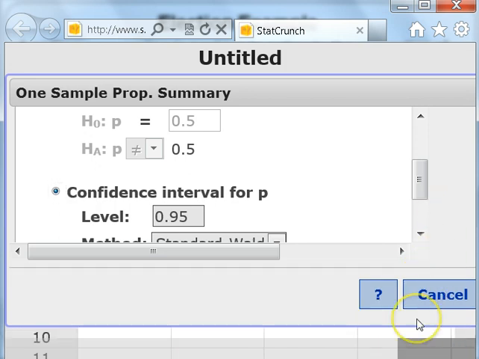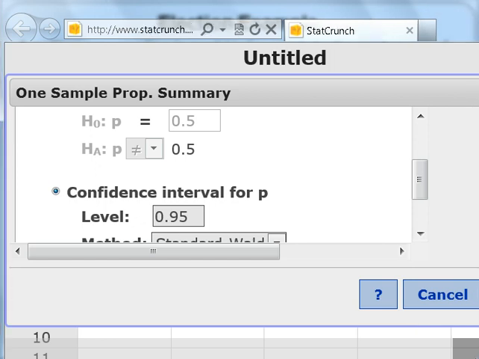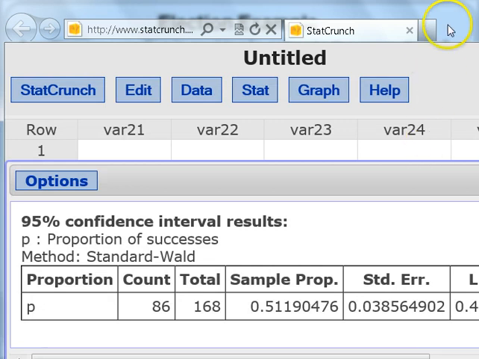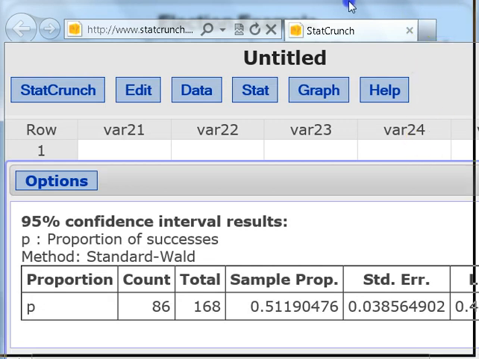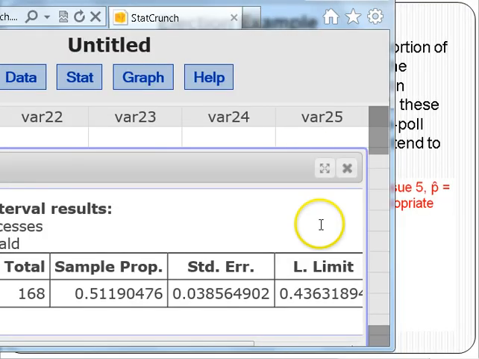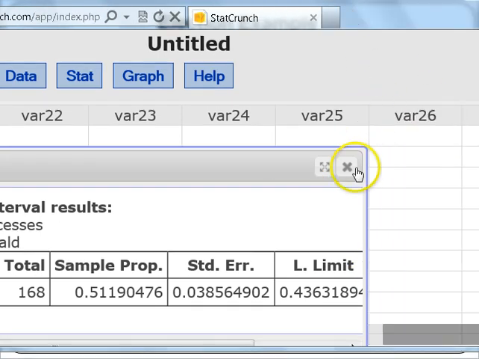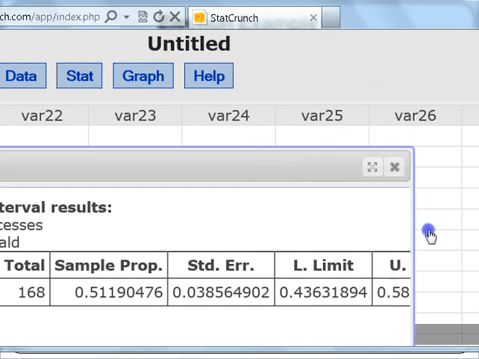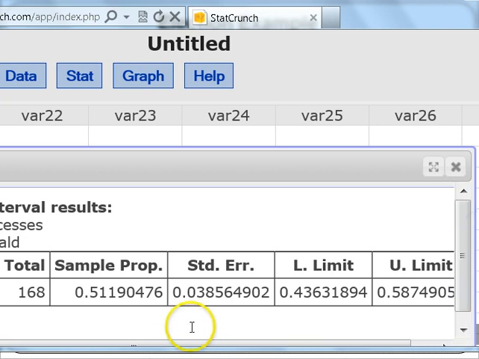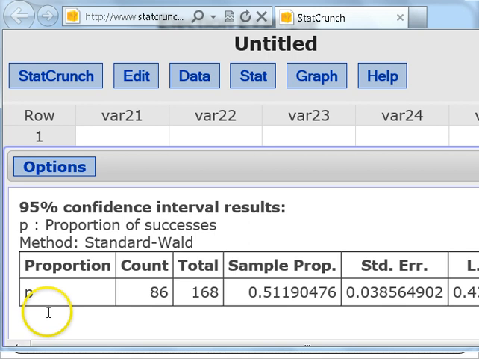And we can then compute that. And notice what we have. We have the proportion, 86 voted for out of 168.